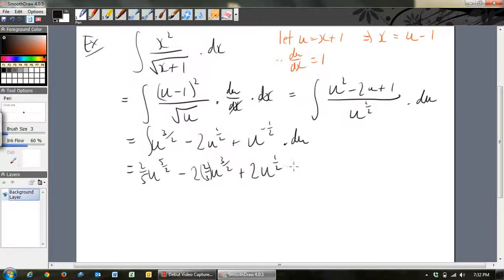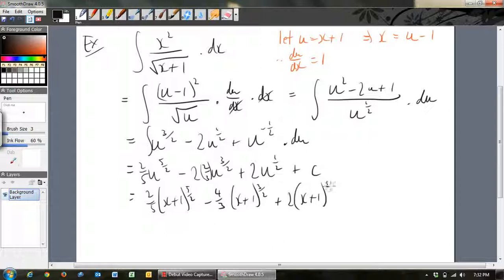Divide by half, you get 2, plus c. So that's equal to, now we can put the u back in, so that's x plus 1, so we get 2/5 (x plus 1) to the 5 on 2 minus 4/3 (x plus 1) to the 3 over 2 plus 2 (x plus 1) to the half plus c. That is your answer for that.